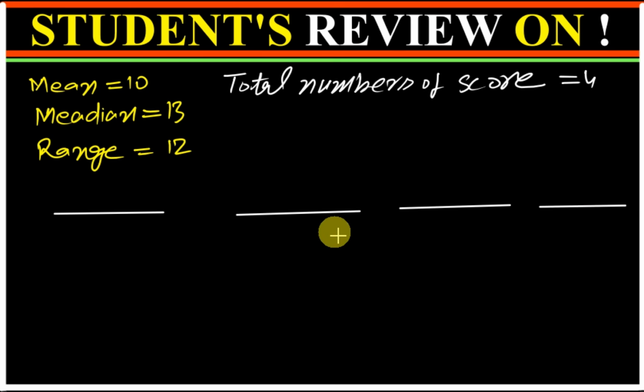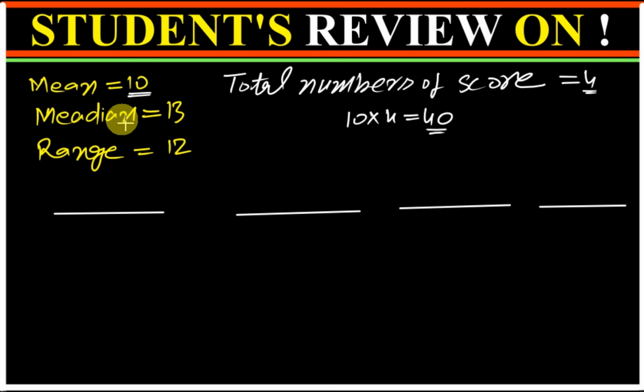So what were these 4 scores? First thing, the mean is 10 and the total number of scores is 4. So it means the sum of all 4 scores should be 40. 10 times 4, that should be 40. If we add these 4 scores, we should get 40.